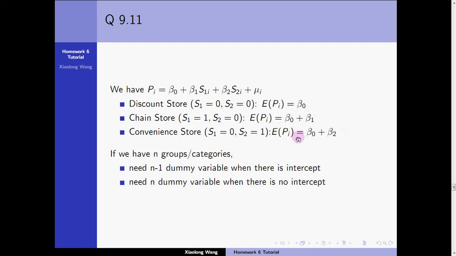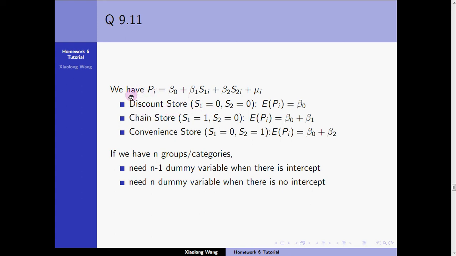And in general, if we have n groups or categories, we need n-1 dummy variables when there is an intercept. But we need n dummy variables when there's no intercept. So look at this example. In this example, we have beta 0, which is the intercept, to capture the price for a discount store.